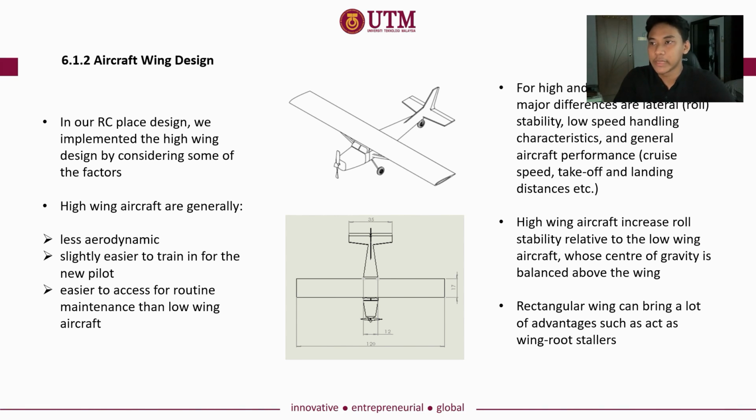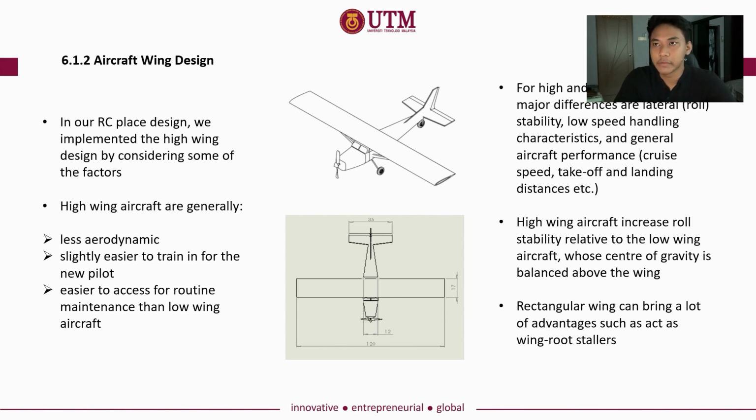For high and low wing aircraft, there are some major differences, such as lateral roll stability, low speed handling characteristics, and general aircraft performance such as cruise speed, takeoff, and landing distance. High wing aircraft also have increased roll stability relative to low wing aircraft, since the center of gravity is balanced below the wing.